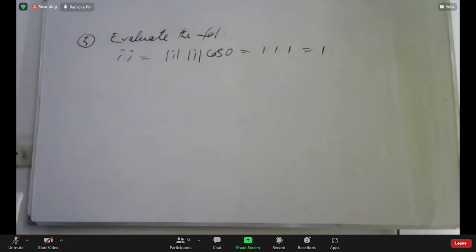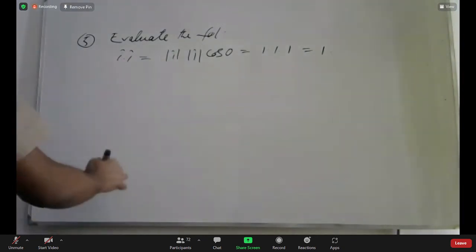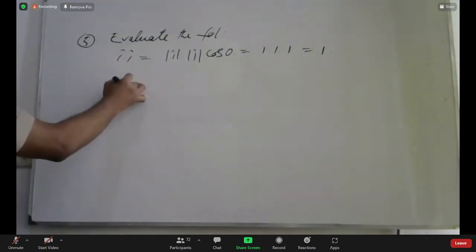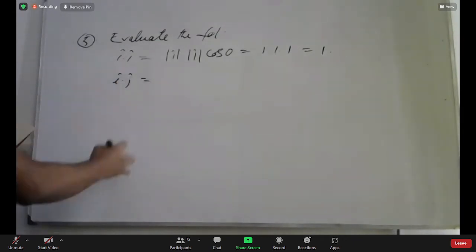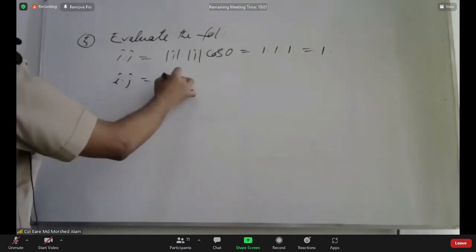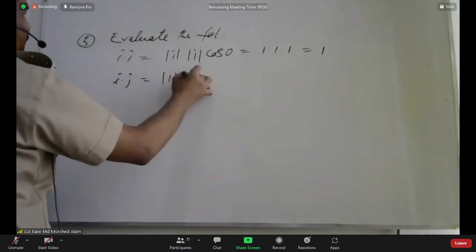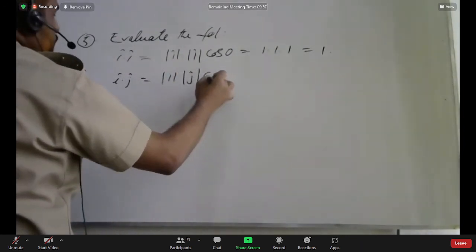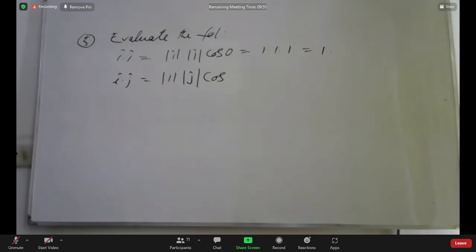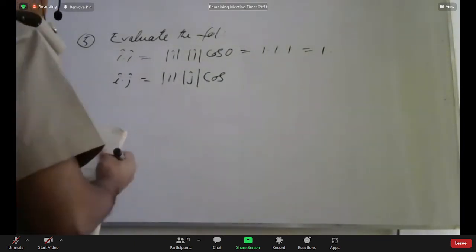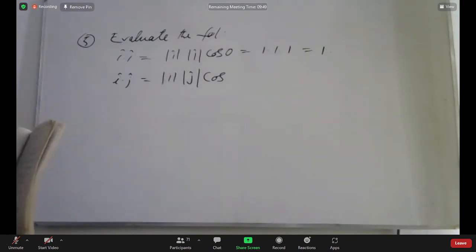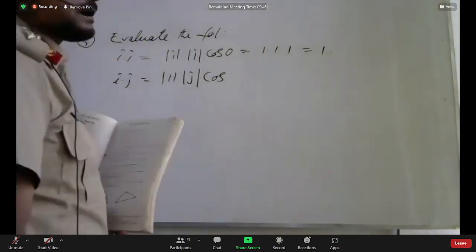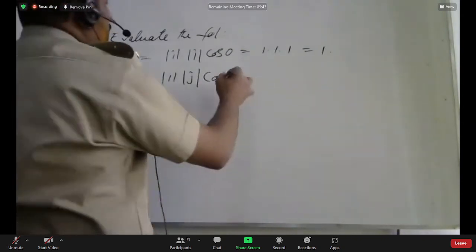Clear? বুঝতে পেরেছ? I dot j. I dot j is what? This is magnitude of I into magnitude of j into cos of what? What is the angle between I and j? I is in the direction of x-axis and j is in the direction of y-axis. So the angle between x-axis and y-axis is 90 degree, isn't it?